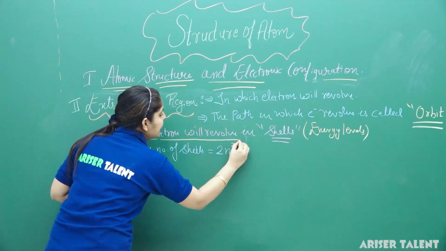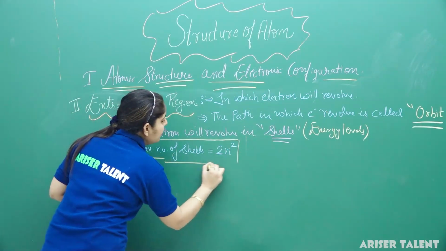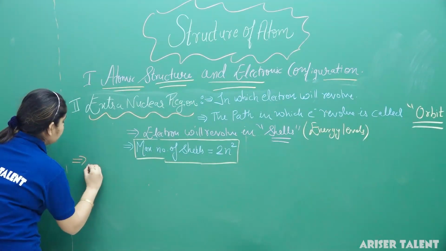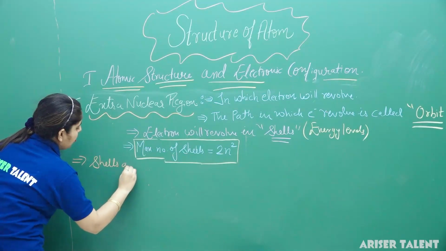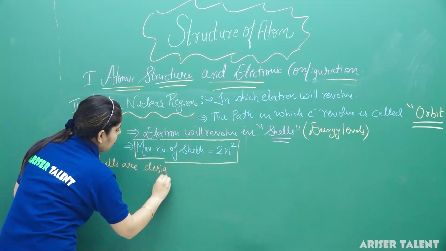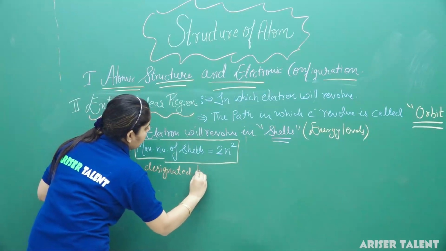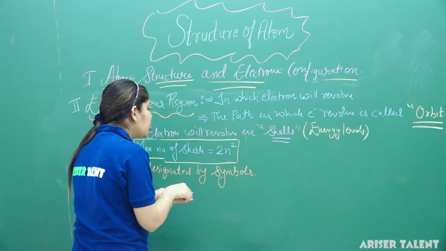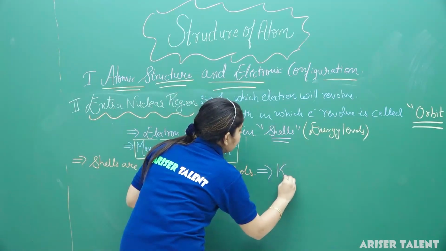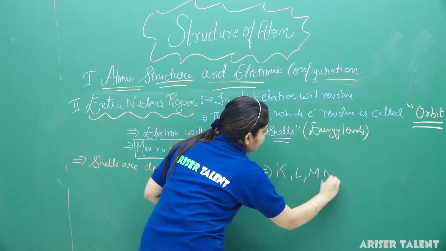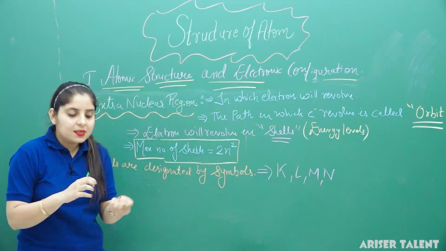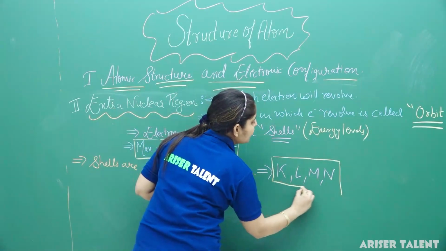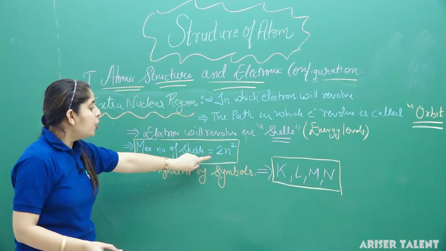Shells are designated by the symbols K, L, M and N. We have four symbols for the shells, that is K, L, M and N. So here are the four shells in which electrons are going to revolve, and the formula for calculating the maximum number of electrons in these shells will be 2n square.